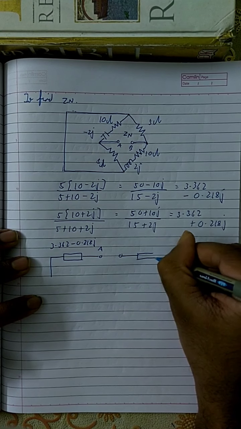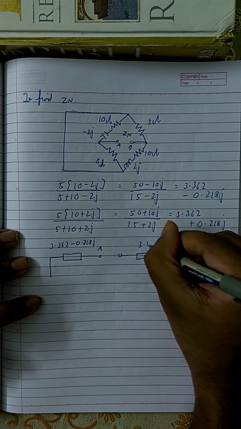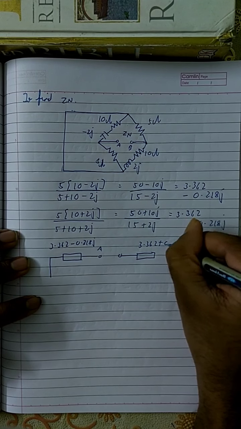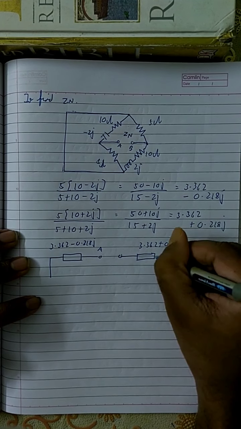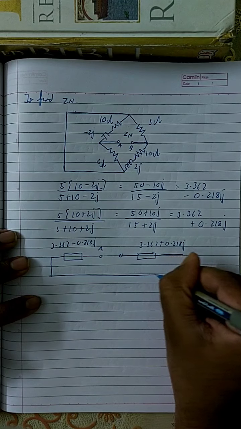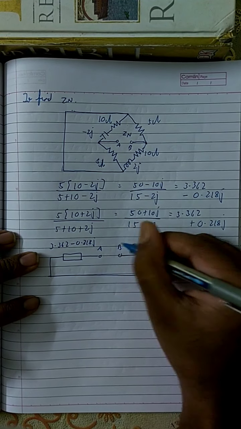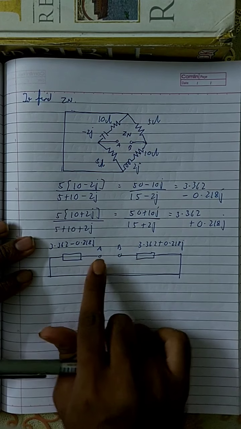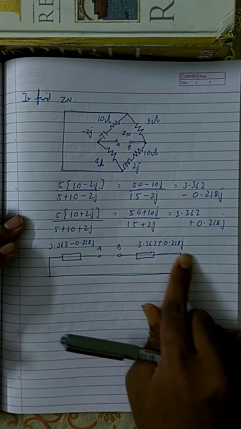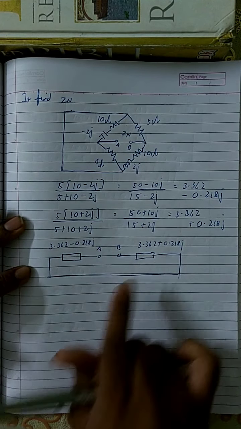So this is 3.362 plus 0.218J. This is B. So you can see that now these two elements are in series because the same current flows through both of them.